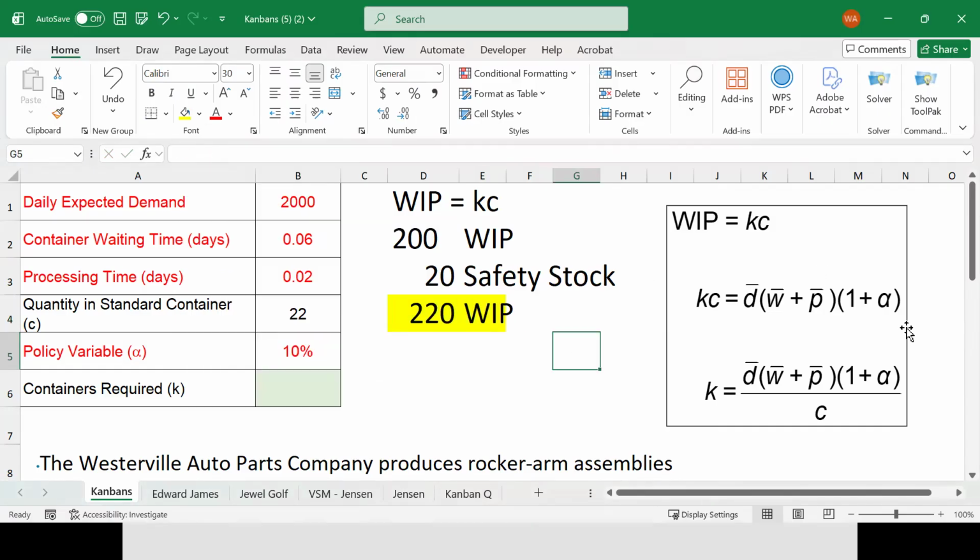So all I did is use the second formulation: take the average demand multiplied by the total amount of time required to process it, and then add or multiply by whatever safety stock variable you're provided with. Now I know that on average we have approximately 220 units of work in process inventory.